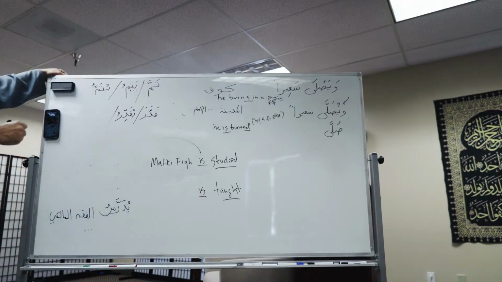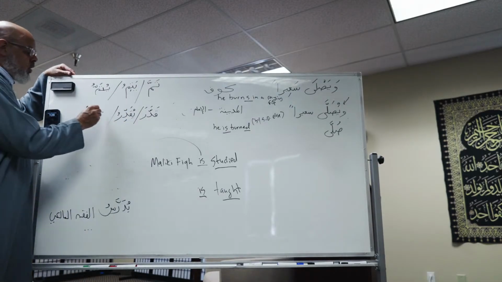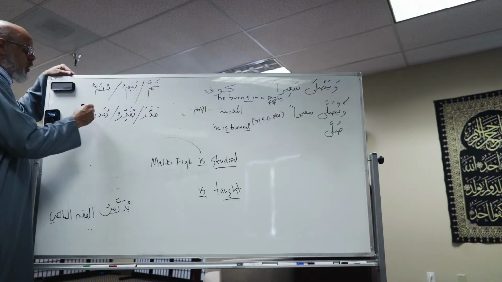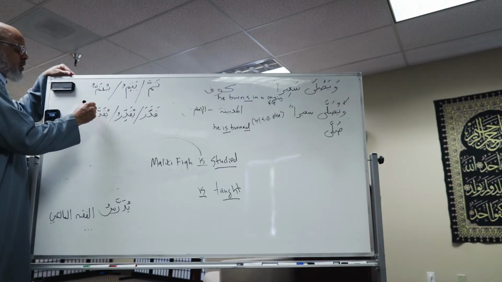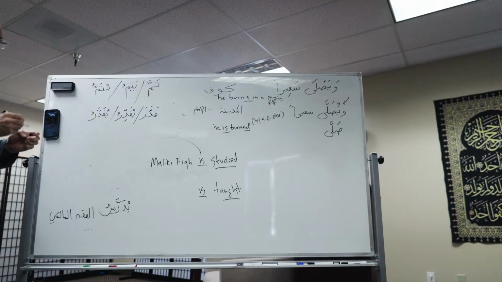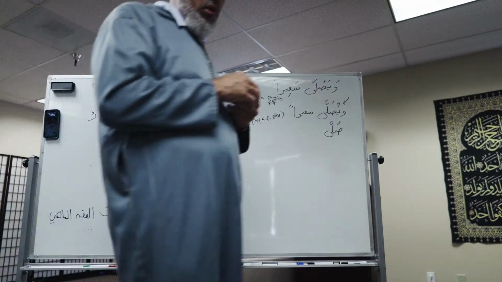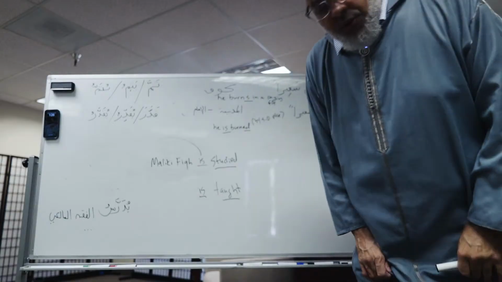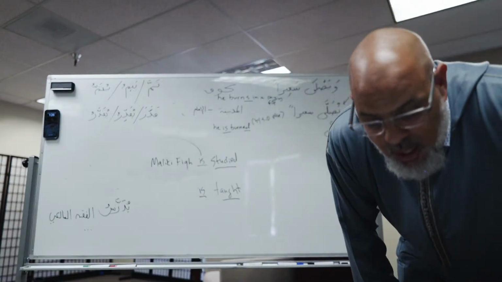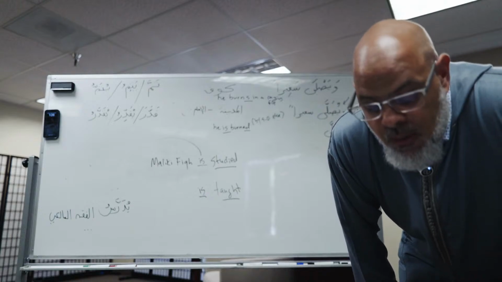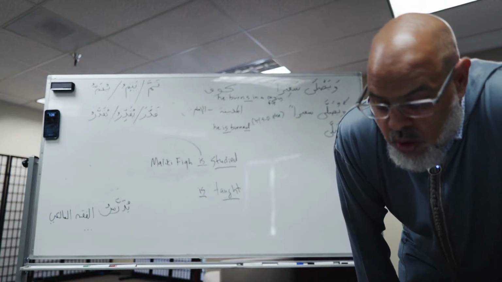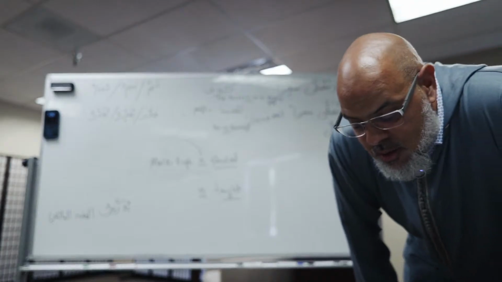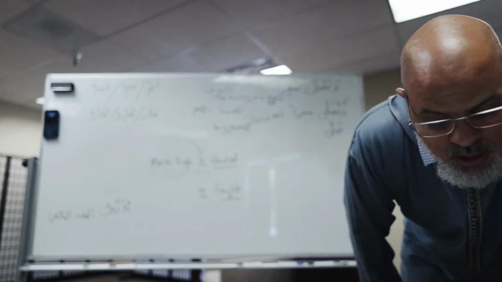And if we want to make that passive, it's going to be what? يقدر. Right. So قدر means to what? Consider, believe, estimate, right? So it is estimated or it is believed.